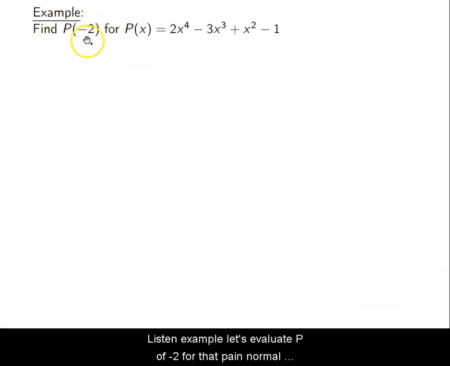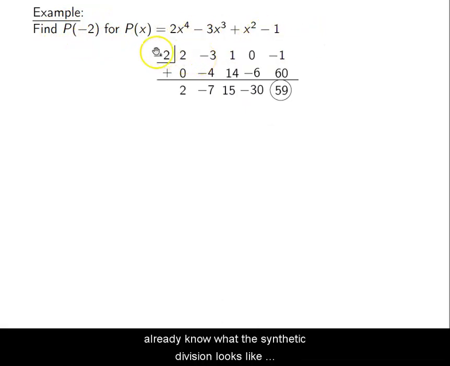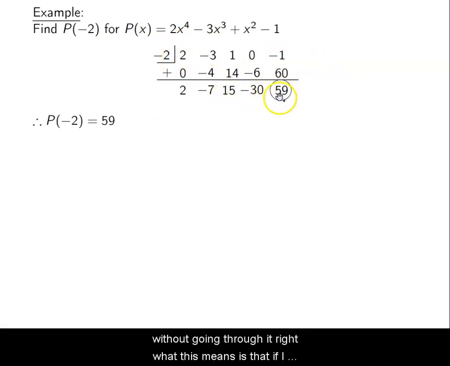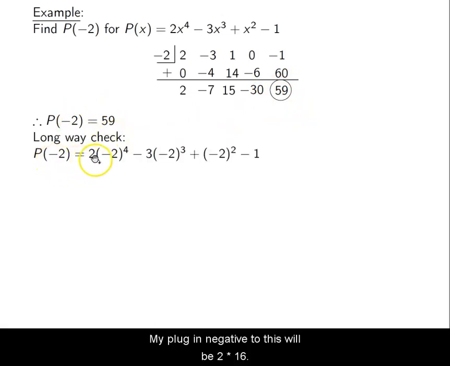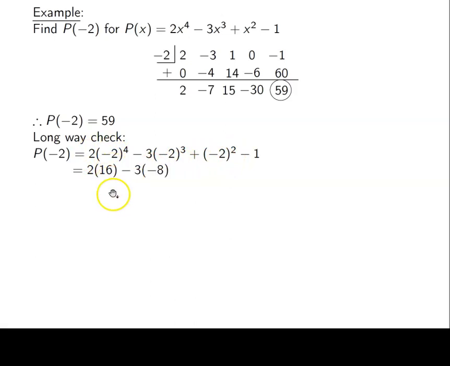So let's do an example. Let's evaluate p of -2 for that polynomial that we've been working with so far. We already know what the synthetic division looks like, which means that if I plug in -2, I will get out 59. So let's check it the long way. If I plug in -2, this will be 2 times 16 minus 3 times -8 plus 4 minus 1.